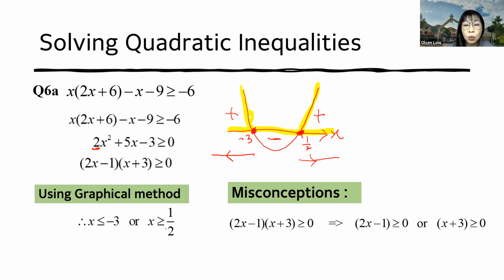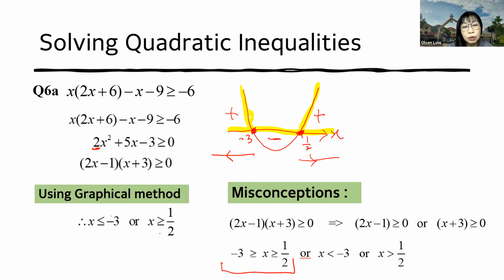Now, at this point, we also observe some misconceptions, the wrong representation of the solution. These are quite common. The first common error is that when students combine the two answers, they tend to write this. Because x is less than or equal to -3, they have x ≤ -3 as the first section of the answer.